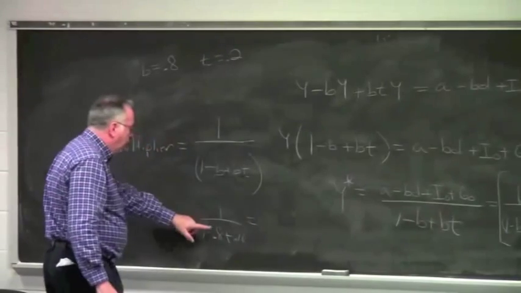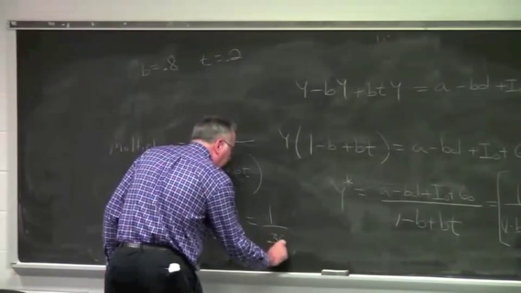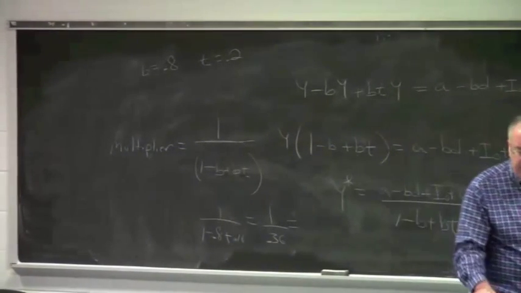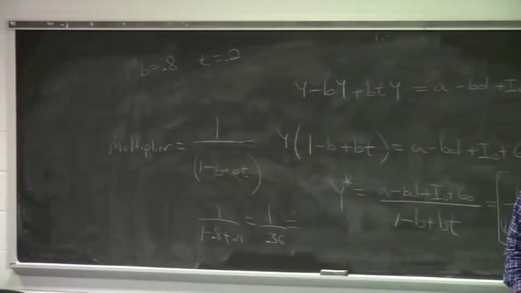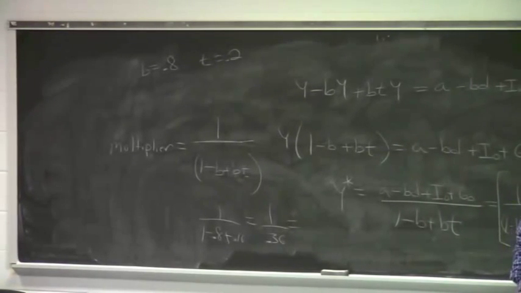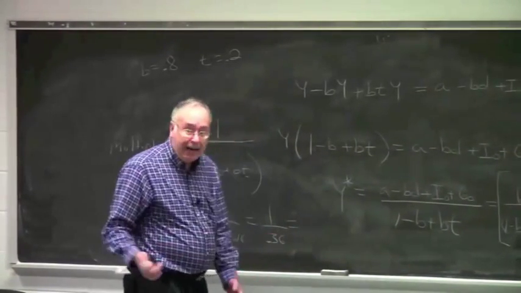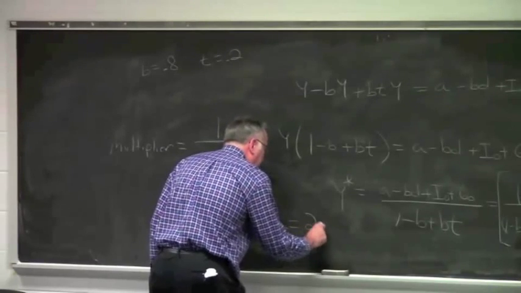So this is 1 over 0.36. And you do this arithmetic, and what you find is the multiplier is now approximately 2.78. Before, the multiplier was 5. Now the multiplier is 2.78. Much lower multiplier.